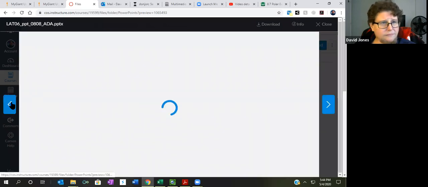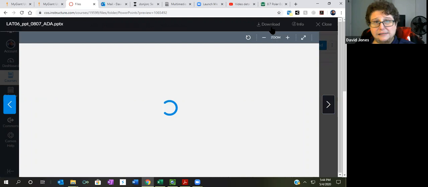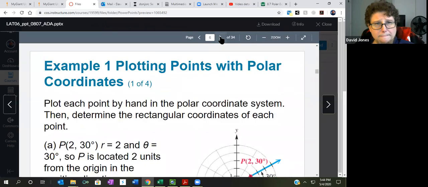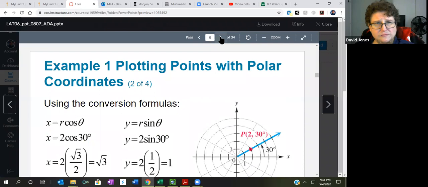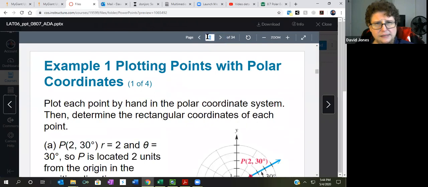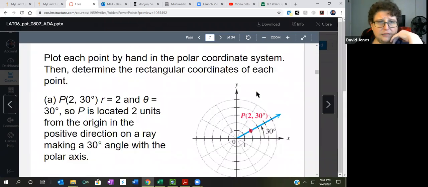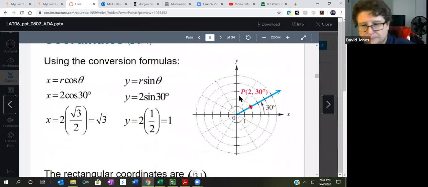Oh, that switches to the next document. It wants me to scroll down.